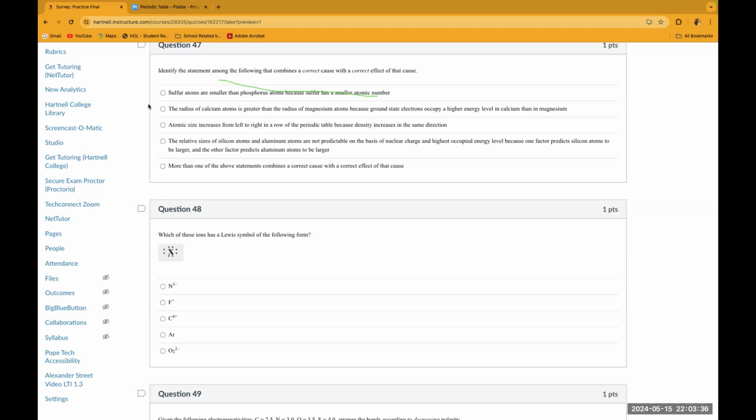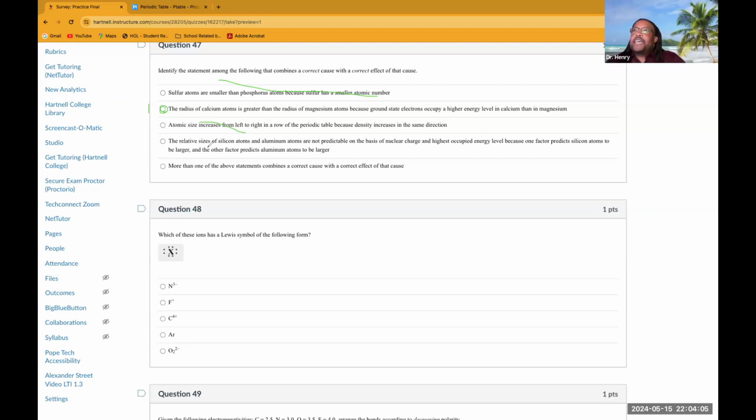So that one looks like it's correct. We'll just read the other ones for kicks and giggles. The atomic size increases from left to right on the periodic table because the density increases in the same direction. No, because density goes right to left.